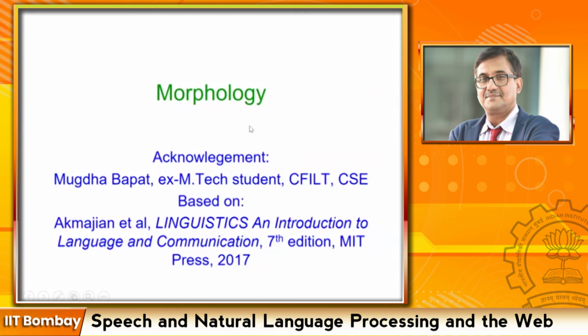Now for this morphology discussion, I would like to acknowledge the presentation by Mugdha Bapat, one of your seniors, an MTech student in our CFIELD lab in the CSA department, and it is based on discussion in a very classic linguistics book from MIT Press by 4 authors. The first author is Akmajian.